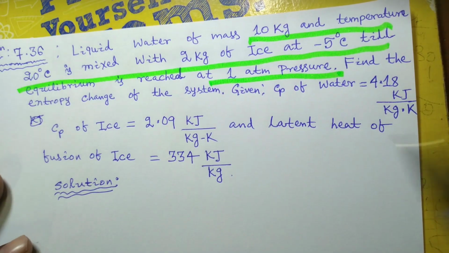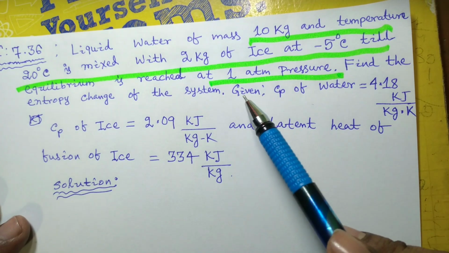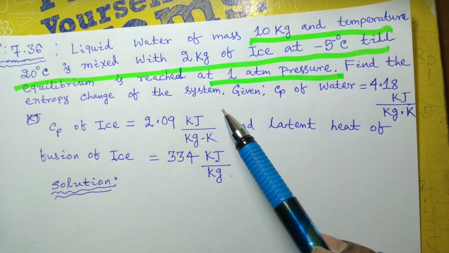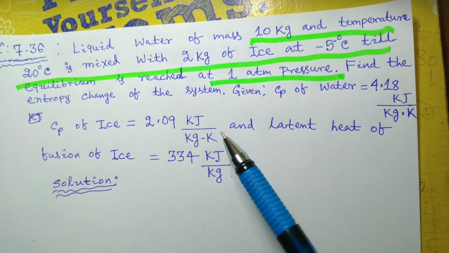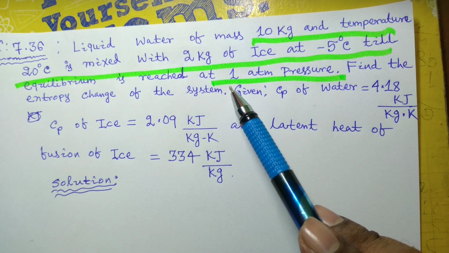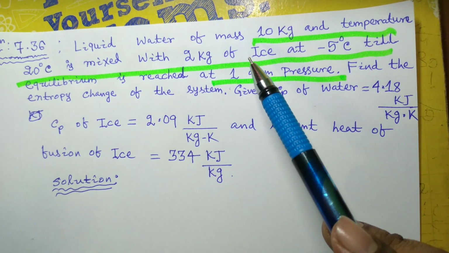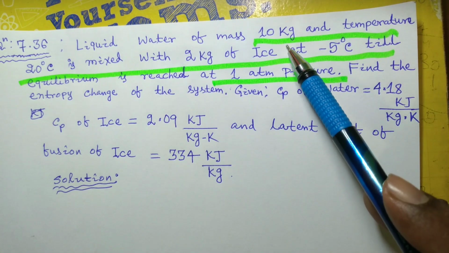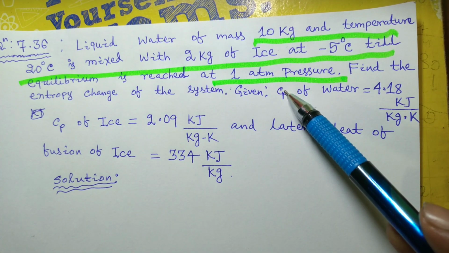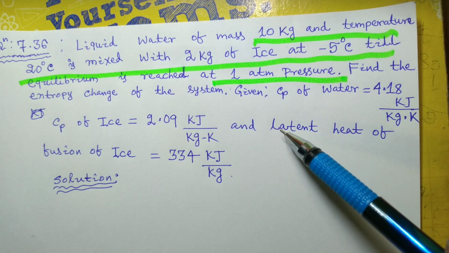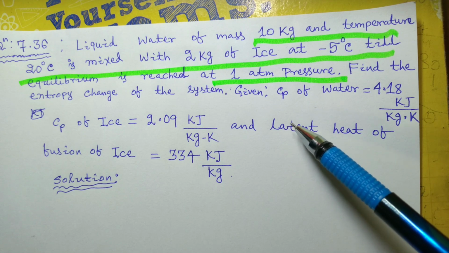So to find out the final equilibrium temperature, we must know what the final state is. Whatever heat the liquid water supplies to the ice, obviously the liquid water will supply heat to the ice, so heat will be lost by water and heat will be gained by ice, so that ice can melt, and it can also further go on absorbing latent heat of fusion.